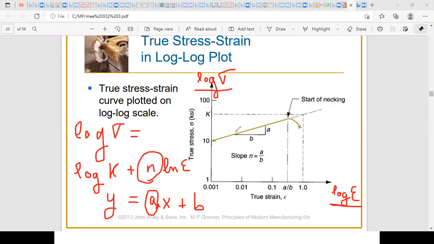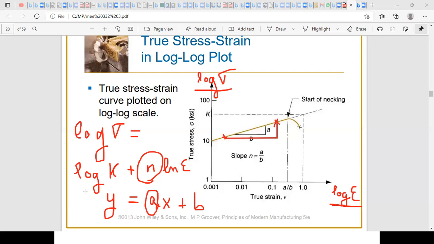I should have a linear variation. I take any 2 points on this graph and determine delta log of sigma and delta log of epsilon, and I take the ratio. You can measure it with a rule, this distance over this one, and I get the slope.